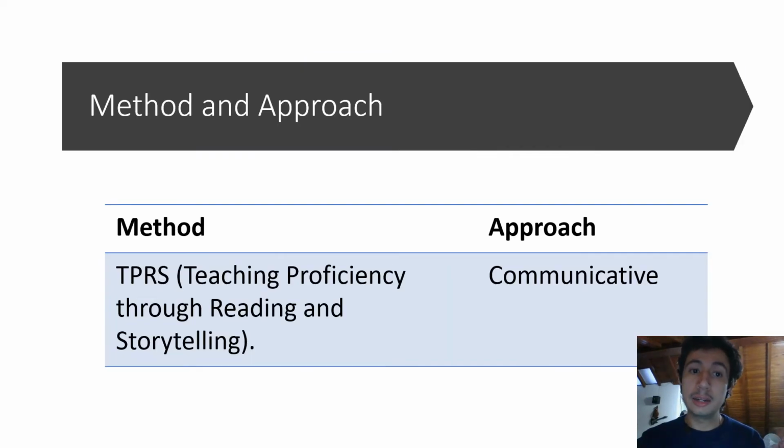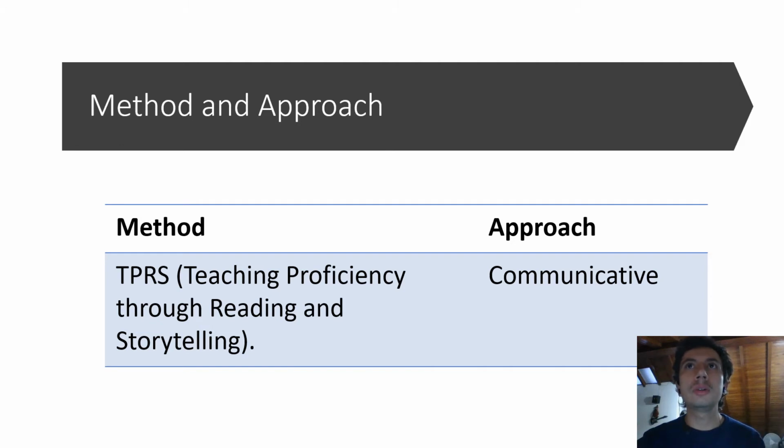Based on that information, now we can come up with a method and an approach. The best method that I come up with is TPRS. TPRS is teaching proficiency through reading and storytelling. Here, the learners are highly motivated because they are their own makers of their stories.